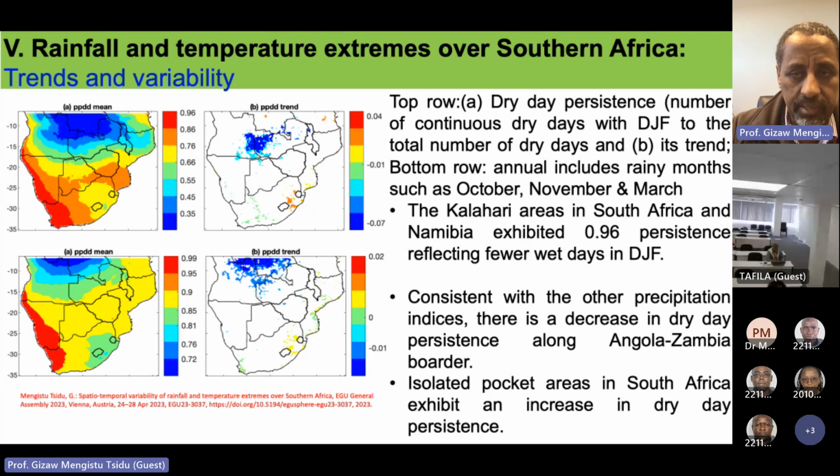So the dry day persistence is decreasing. The blue shows negative. And the yellow color here shows that part of coastal areas of Mozambique, including Southern Africa's eastern coast, is slightly getting drier because you see a yellow and green, which is a little above zero. Of course, this is not a very significant persistence. It's a very small amount.